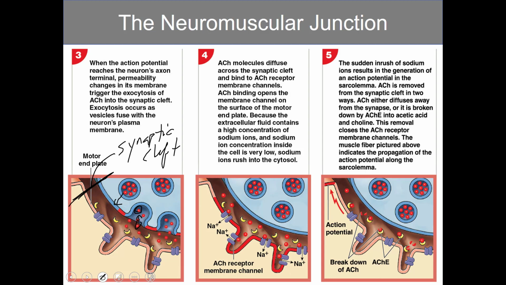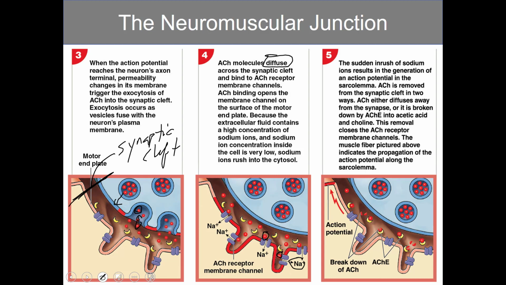Step 4: acetylcholine molecules are going to diffuse across the cleft. Underline, highlight that term, diffuse. Remember, diffusion works down concentration gradients. It is a very random process, but diffusion is going to occur. These acetylcholine molecules are going to diffuse, they're going to bind their receptors, those sodium ion channels, and they're going to open the sodium ion channels.